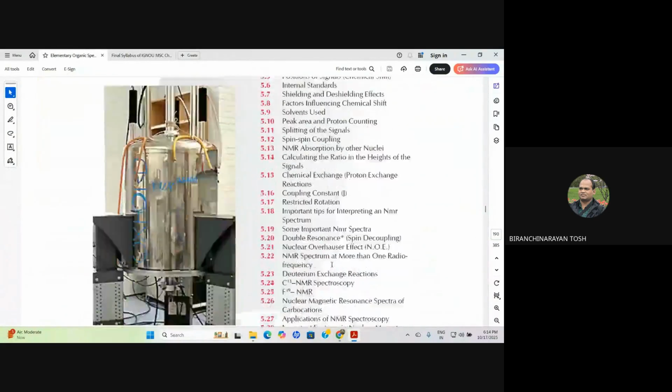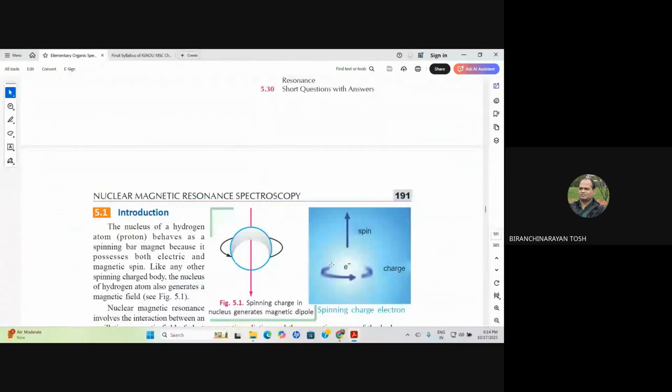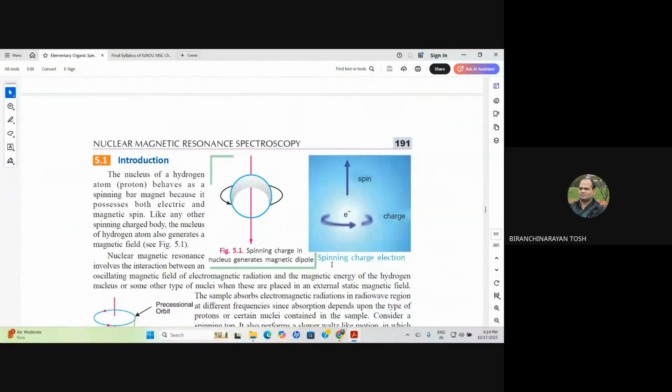So the nuclear magnetic resonance, that indicates, you see, each word has its significance. Nucleus, as we know, is positively charged. So when it rotates, that is, when any charged particle is accelerated, an electric field will be developed, and an electric field is associated with a magnetic field.